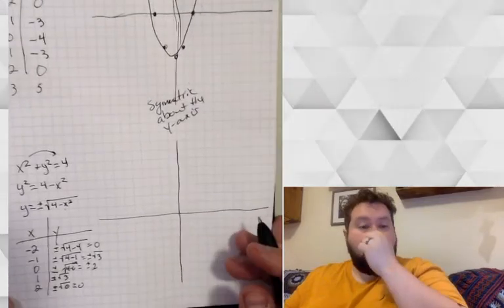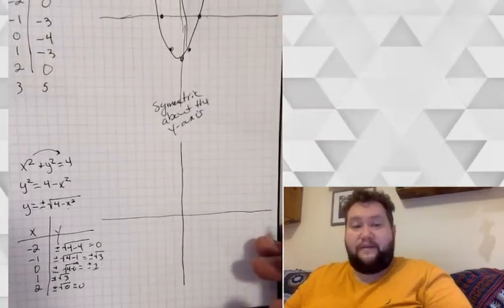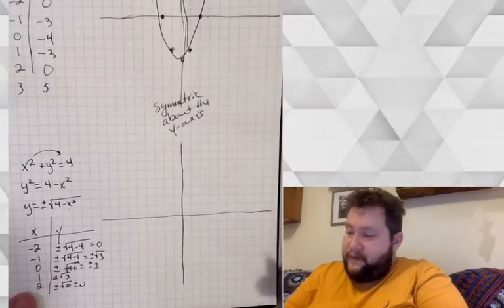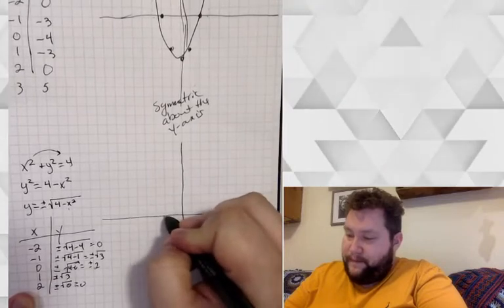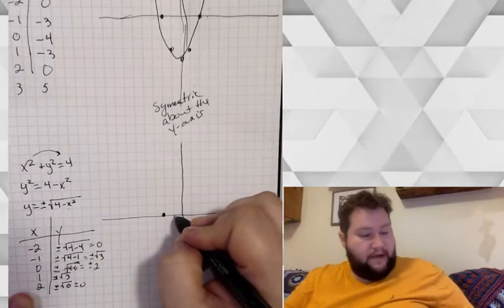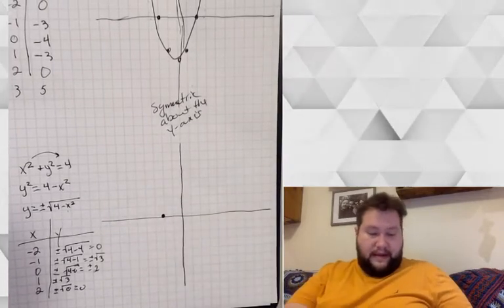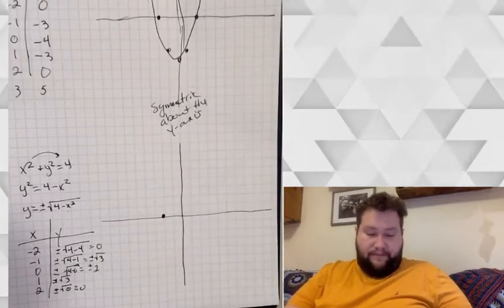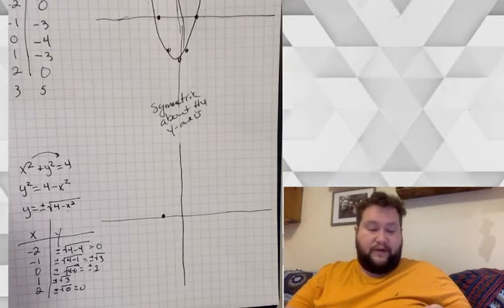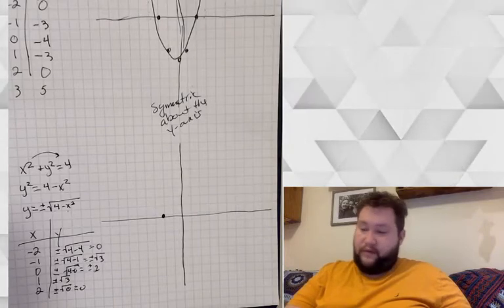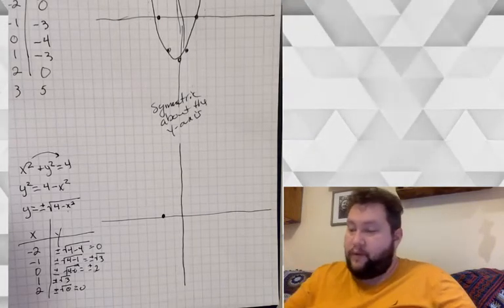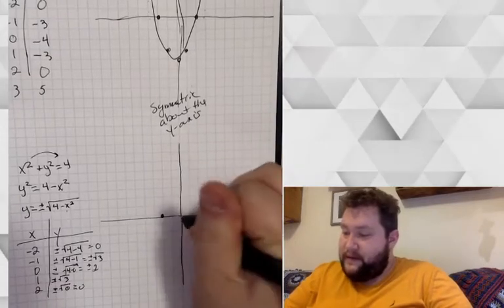And so now notice that each of my x values has one or two y values, right? -2 is at 0. -1 is plus or minus the square root of 3, which if we put that into our handy dandy calculator, and fun fact, if you're on Android or iPhone, if you turn your calculator sideways, it'll give you the square root. The square root of 3 is about 1.7, so plus or minus.